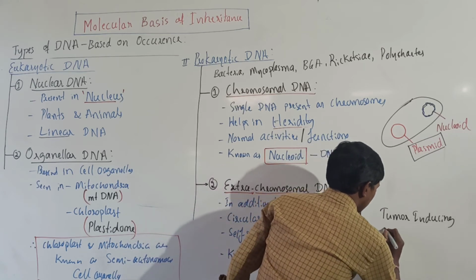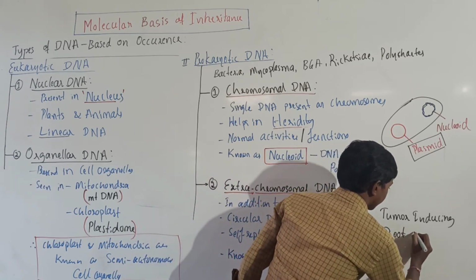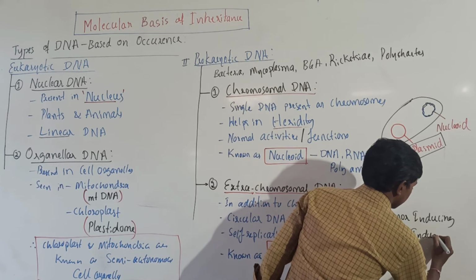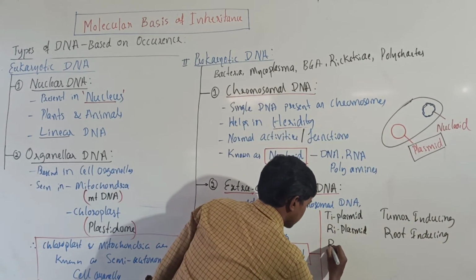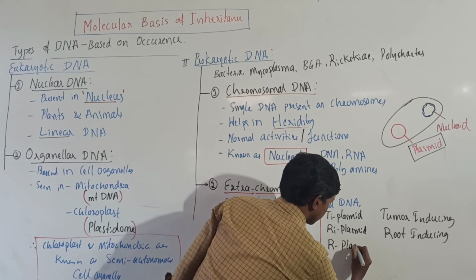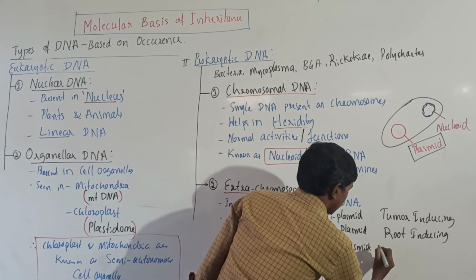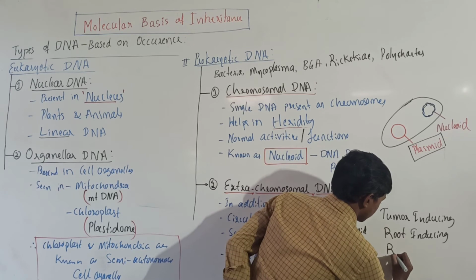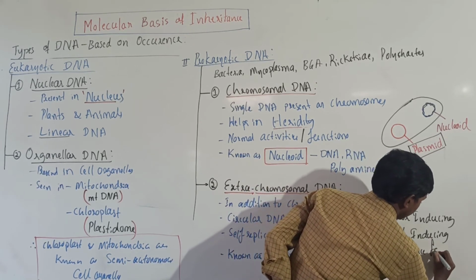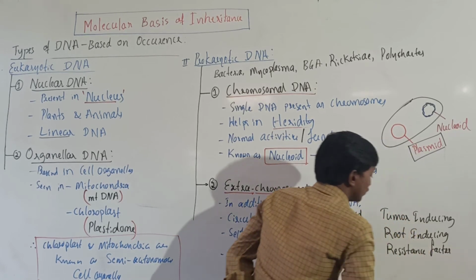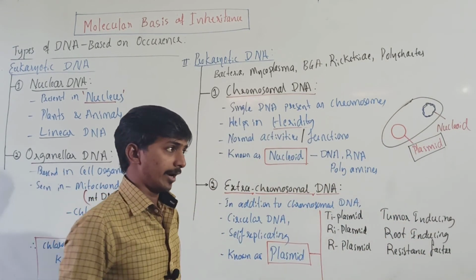Ri stands for root inducing. Or it's also known as R plasmid. That is a resistance factor, which means it gives more resistance against the antibiotics.